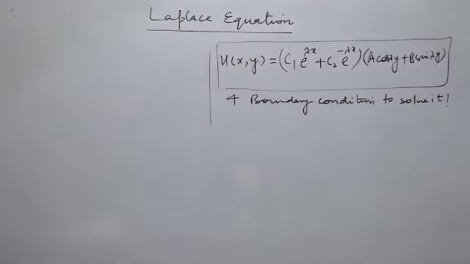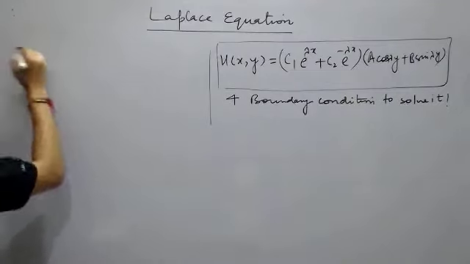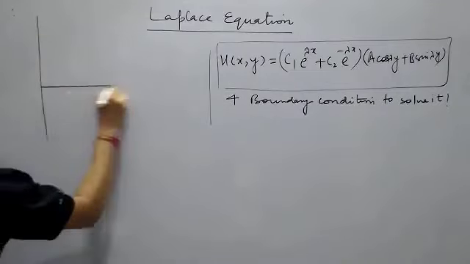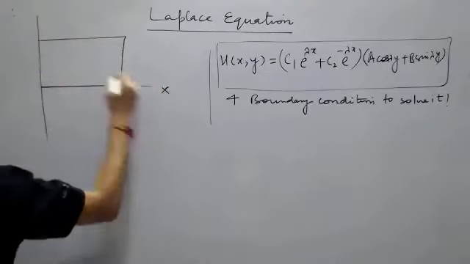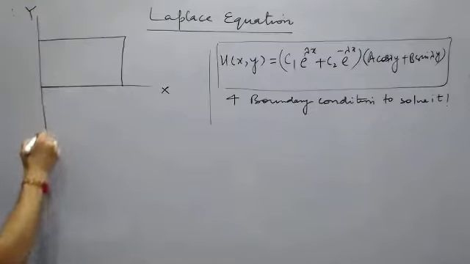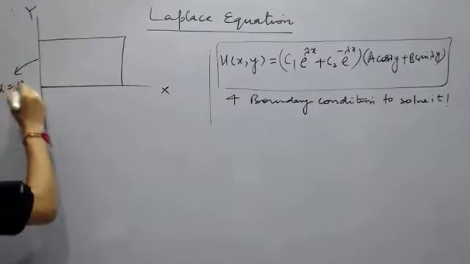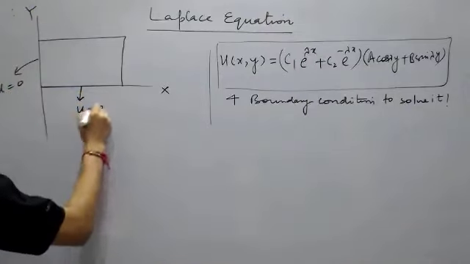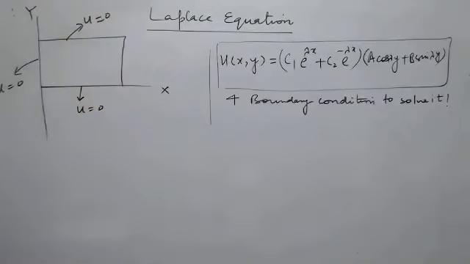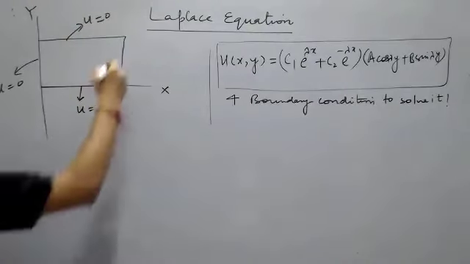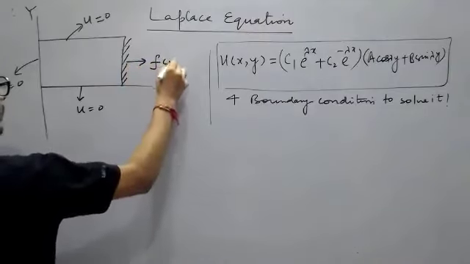So now let me take a question in which the region is given like this. This is the region in the xy plane, and the potential here, here, here is equal to 0, and the potential here is given as some function of y.